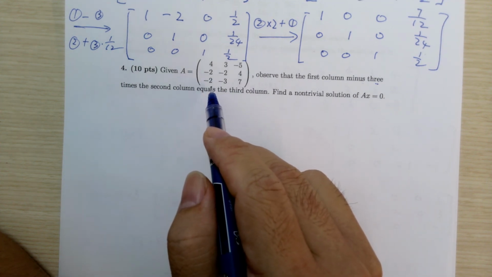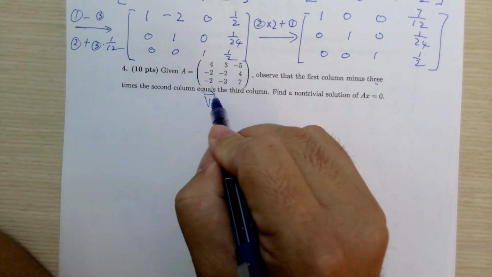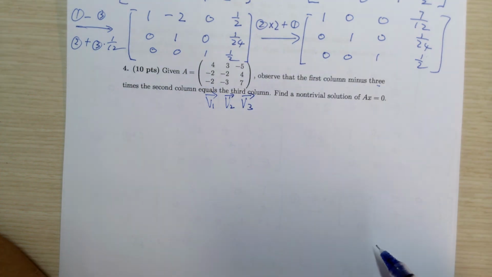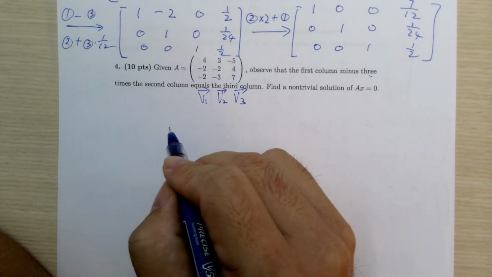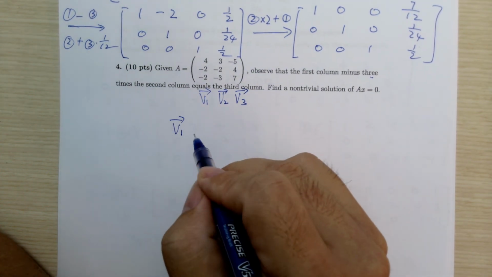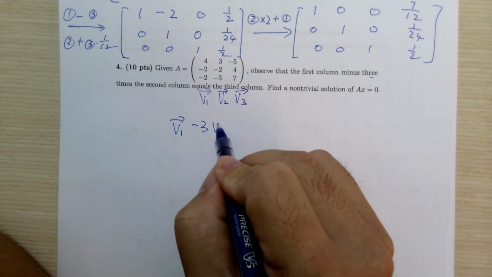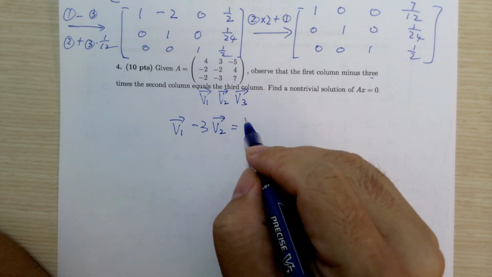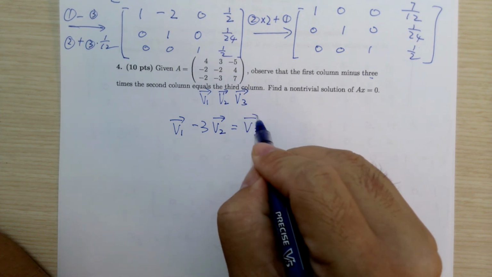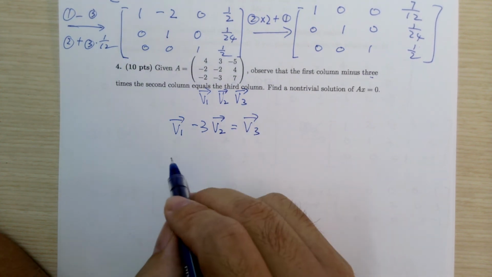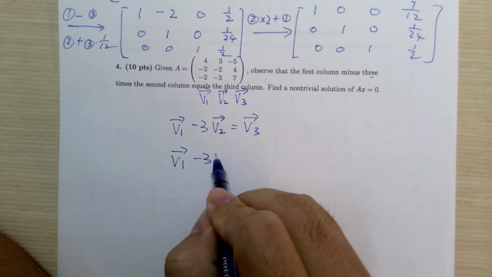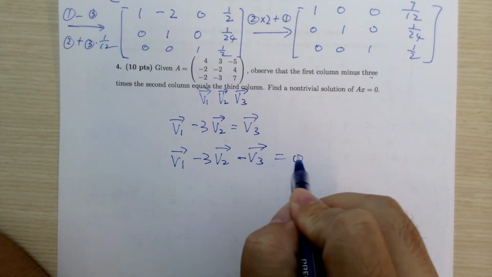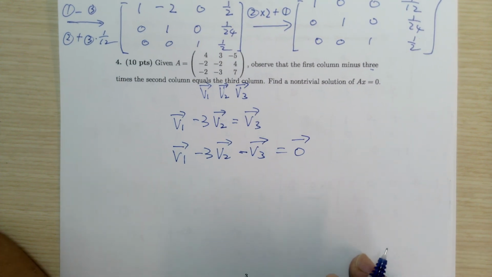In other words, if we let this stand for V1, this V2, this V3, notice that what we have here is V1 minus 3 times V2, right? And then equals V3. In other words, V1 minus 3V2 minus V3, do you see, is equal to the 0 vector, right?